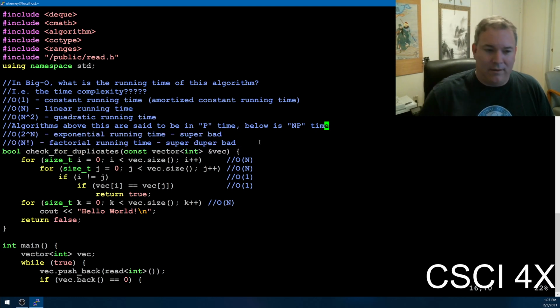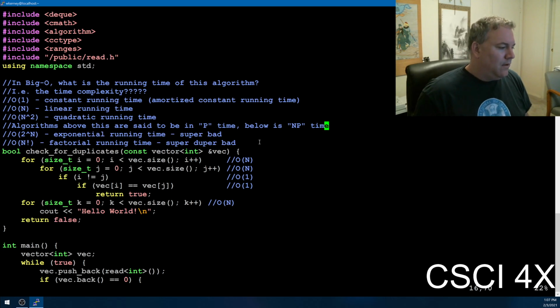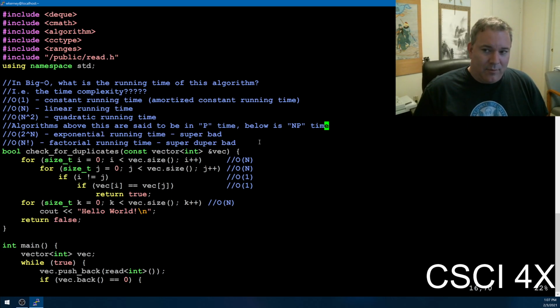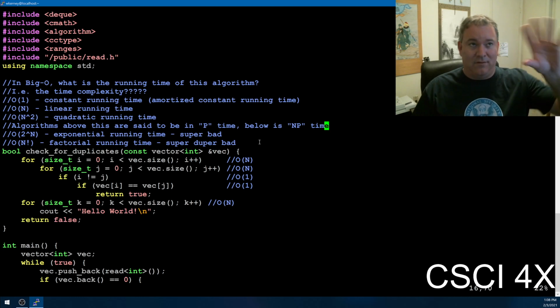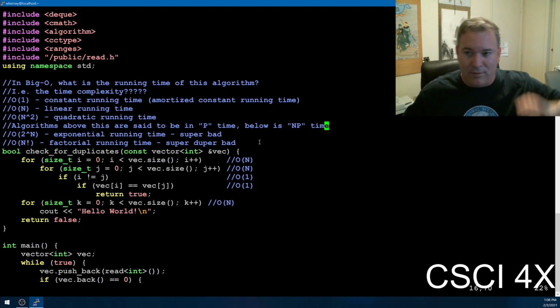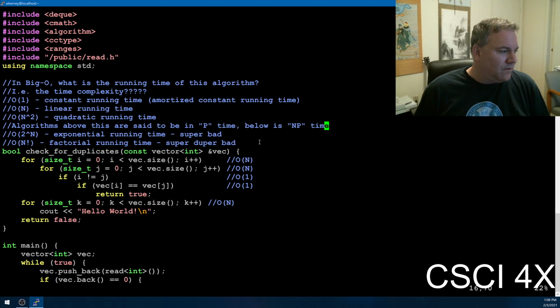Which are exponential running time or factorial running time. Always take the highest magnitude number of the exponent. Little fiddly details like, is it 2 times n squared? We don't care. We care if it's n squared or n cubed, right? If it was n cubed plus n squared time, you'd write down n cubed. You always take the biggest term, right?